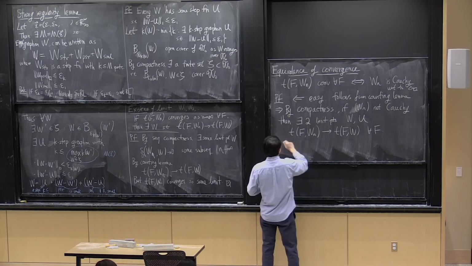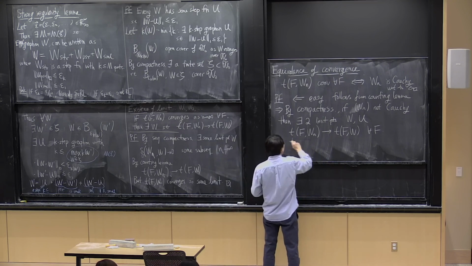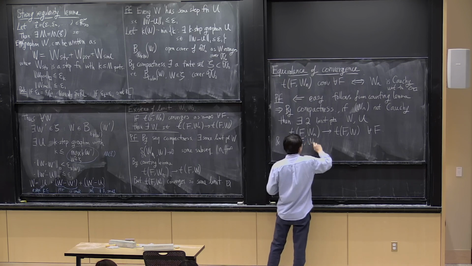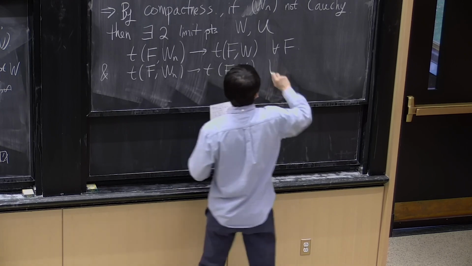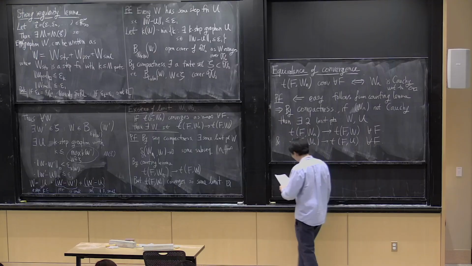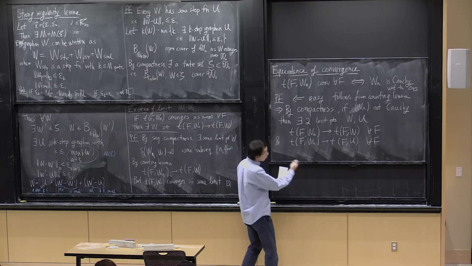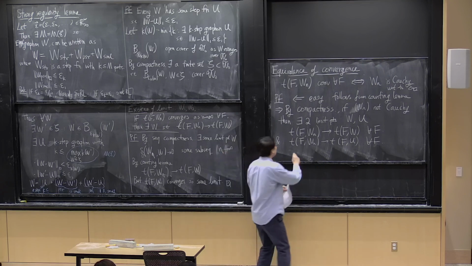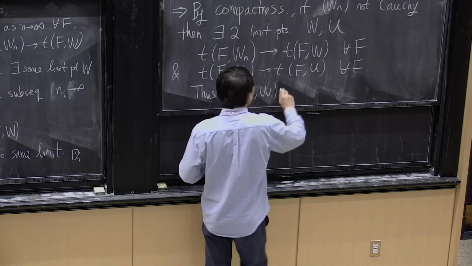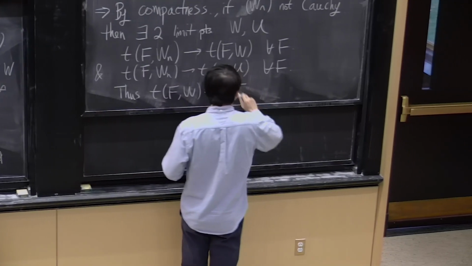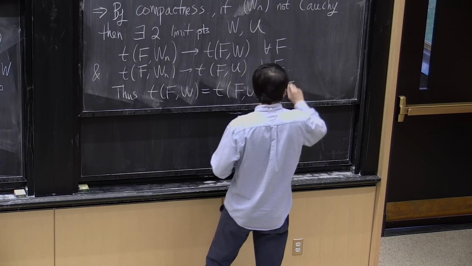But U is also a limit point, so the same is true for U. And therefore, the F density in W must equal the F density in U for all F.